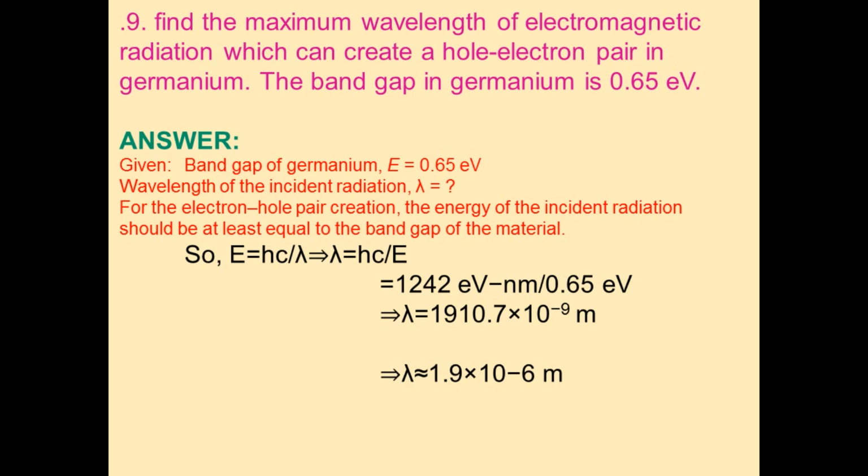Hc value 1242 electron volt nanometer by 0.65 electron volt, and electron volt gets cancelled. So we get 1.9 into 10 power minus 6 meter. Meter is the SI unit of wavelength.